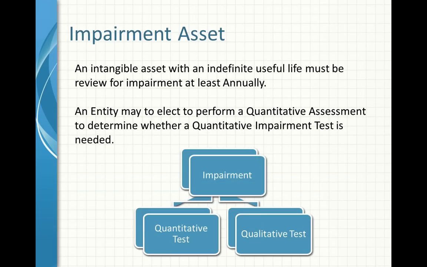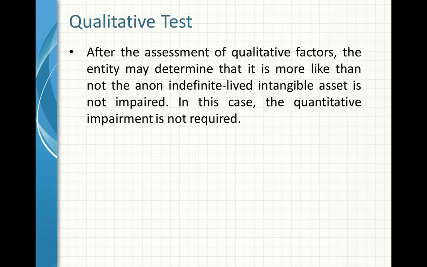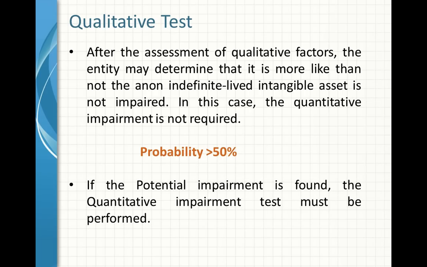For any asset impairment, you need to have two tests: a quantitative test and a qualitative test. Please write down impairment tests, quantitative and qualitative. Qualitative test is the quality of the asset. If the probability is greater than 50%, do not impair it.